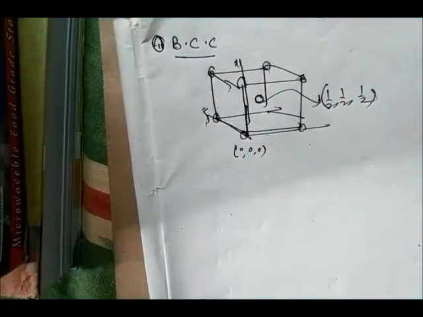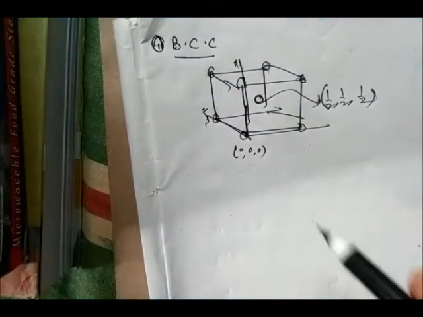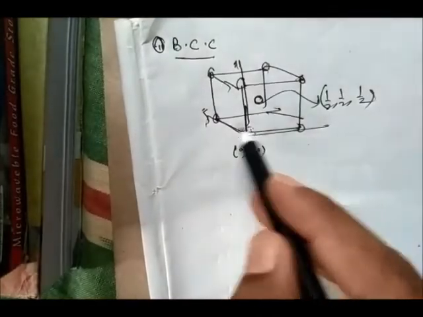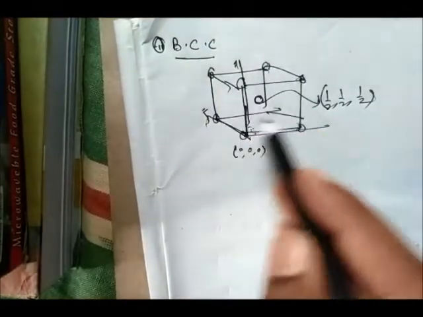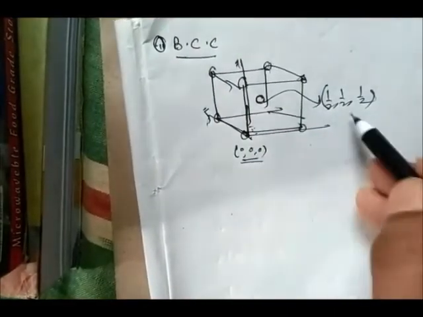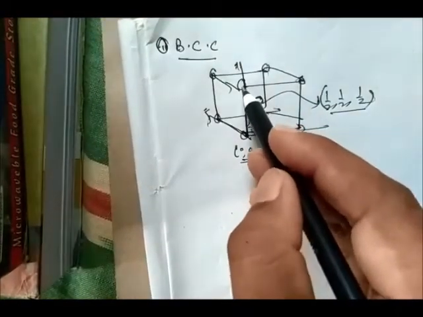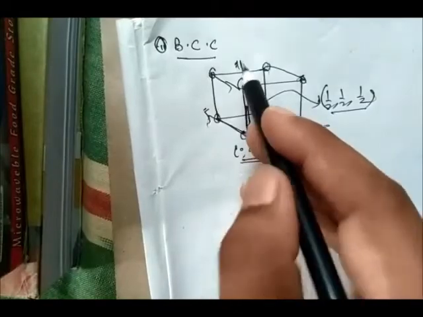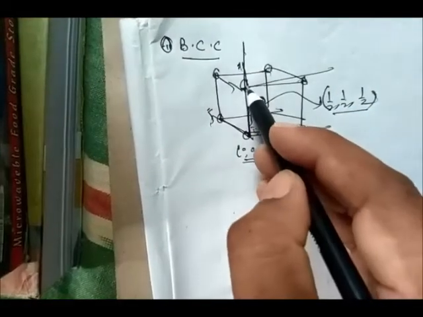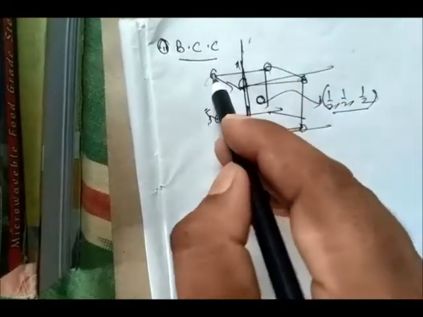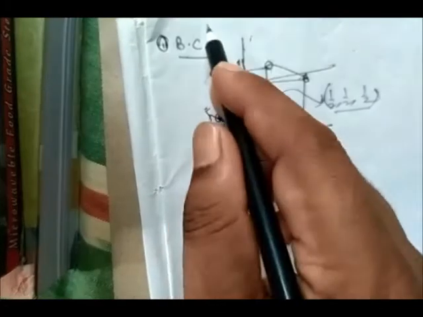So the general position of this particular cubic system, the BCC system, has 0 0 0 or half half half. Why am I not taking this? Because this atom may be the origin of the next cell.